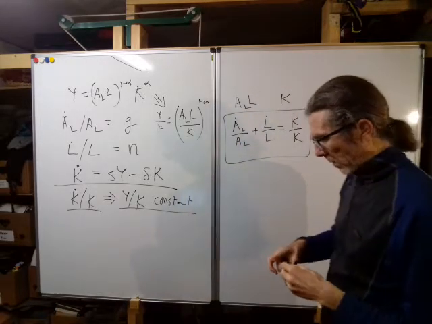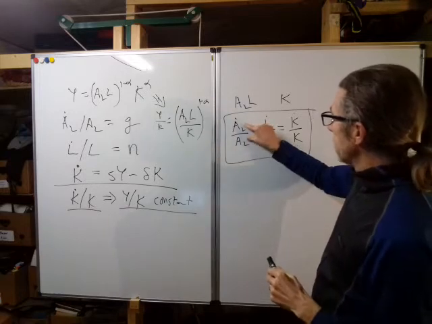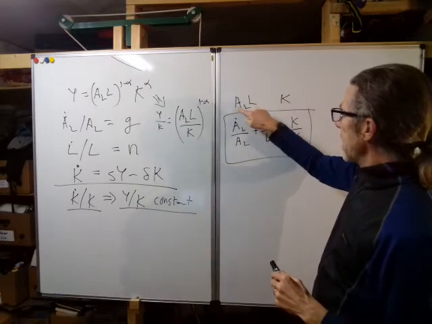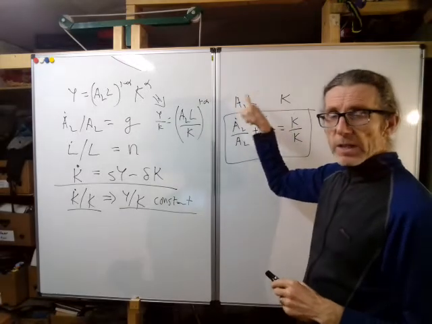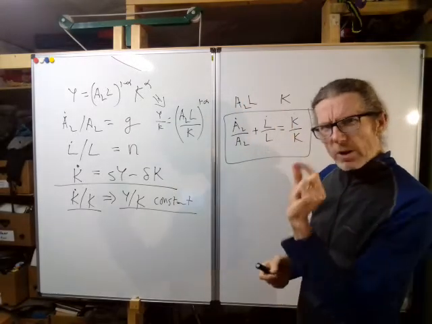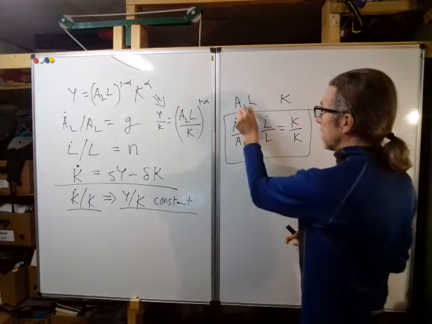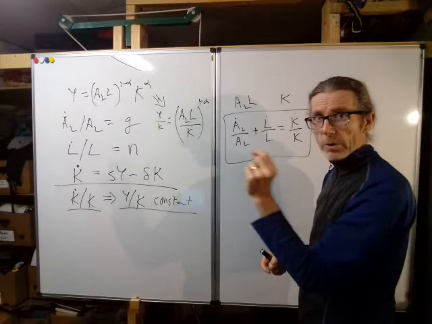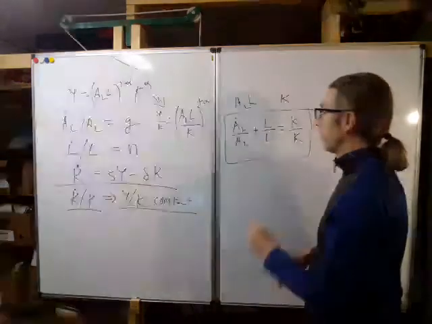So if A is growing by 1% a year and L is growing by 1% a year, then AL will grow at 2% a year. That's not quite exact, but at the limit, when we're differentiating, making very small changes, then that holds exactly here.